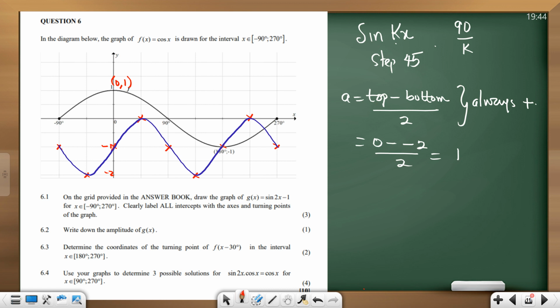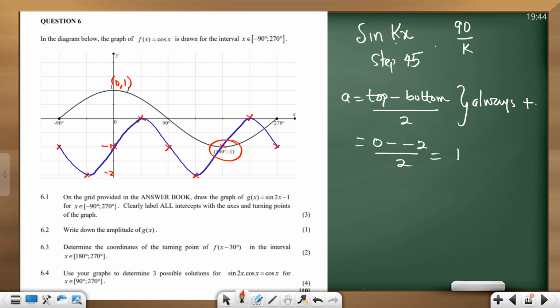However, look at your domain. They said between 180 and 270. That's your turning point. When I shift that 30 units to the right, where will it be? 210. 180 right now, right? Where are we going? 30 units towards the right.